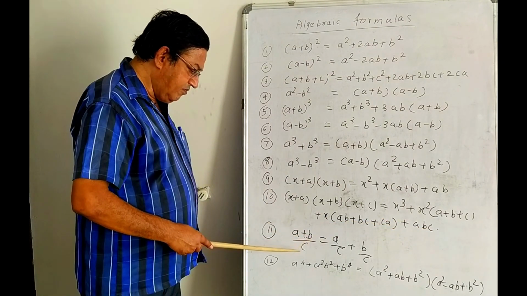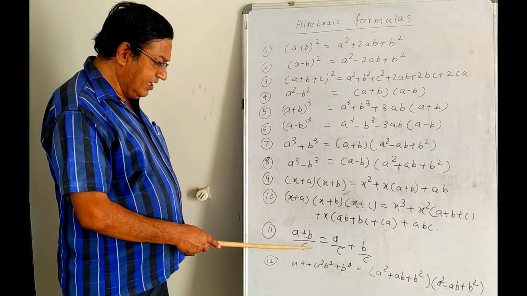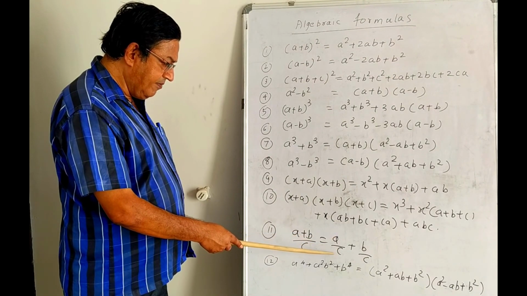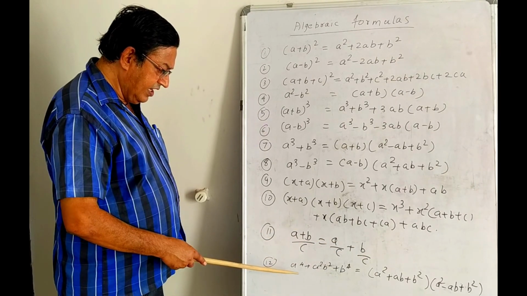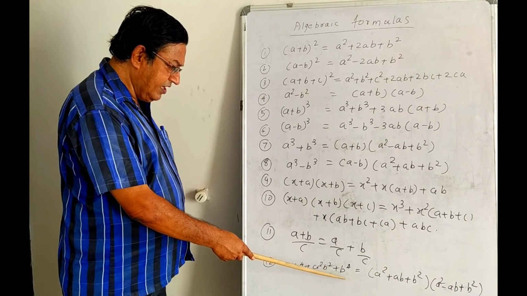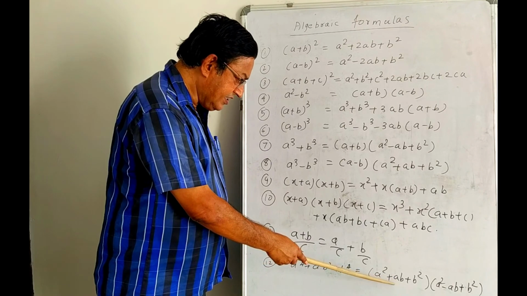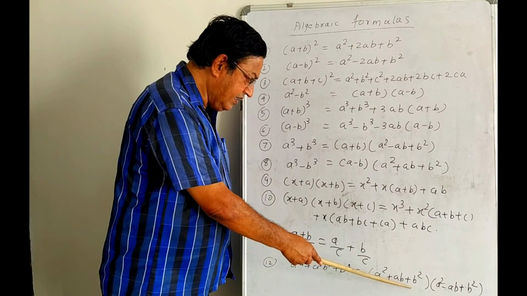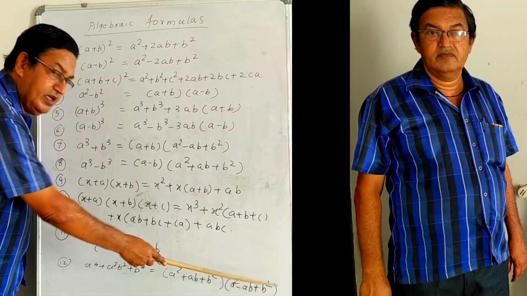The next one, most important, splitting rule: (a + b) divided by c equals a upon c plus b upon c. And the last one, a raised to 4 plus a square b square plus b raised to 4 equals (a square plus ab plus b square) into (a square minus ab plus b square).